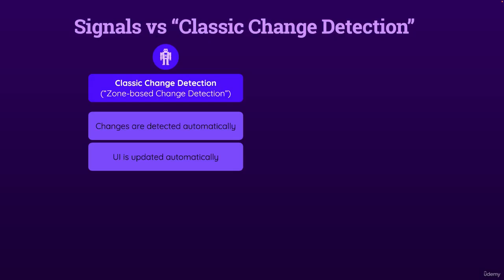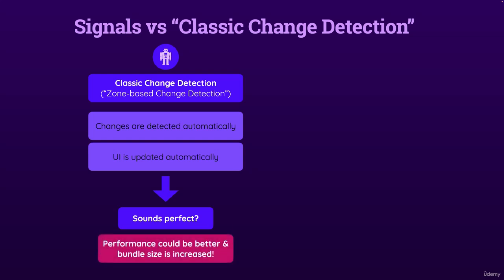Now, I don't know about you, but I would say that this current classic change detection approach sounds pretty perfect, right? Everything happens automatically. Well, that is of course good, but the downside is that the overall application performance could be better and the bundle size could be smaller. It is increased because of this Zone.js library that's being used for change detection.